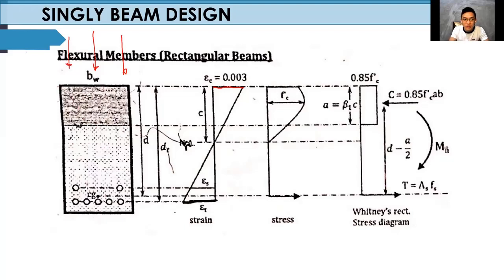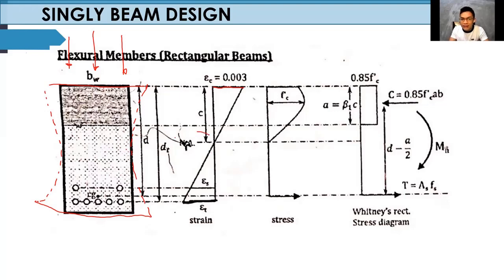Mag-deform siya, for example compression siya. This is just an exaggeration, hindi naman siguro makikita talaga yung strain natin kasi maliit din masyado. So as you can see, yung nasa pinakaitaas at yung nasa pinakamailalim is malaki yung deformation or strain if we will compare that one sa gitna.